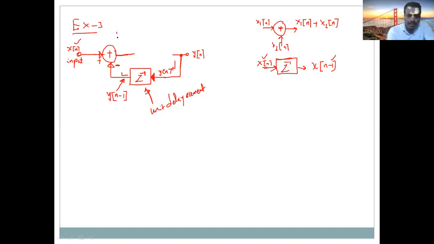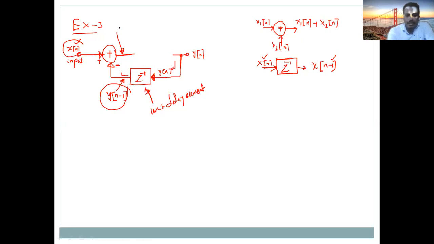So what is the signal at this point? Look here, the output is delayed by 1 and comes to this point. The input comes from this side. So this is an adder. It will add the input, and it will add the delayed output.